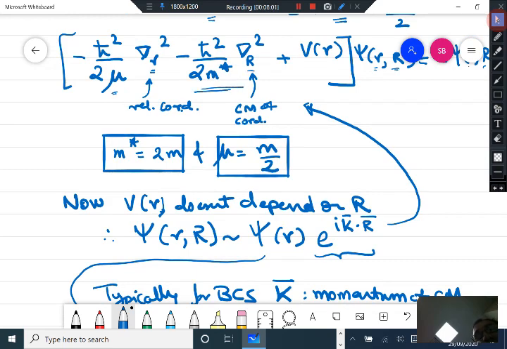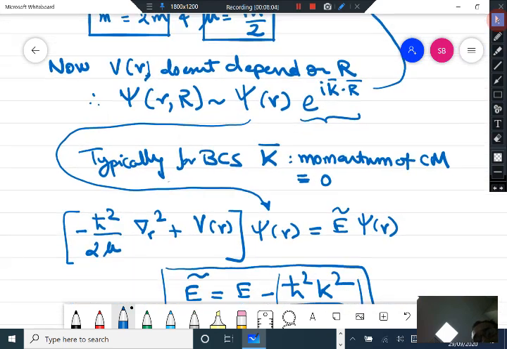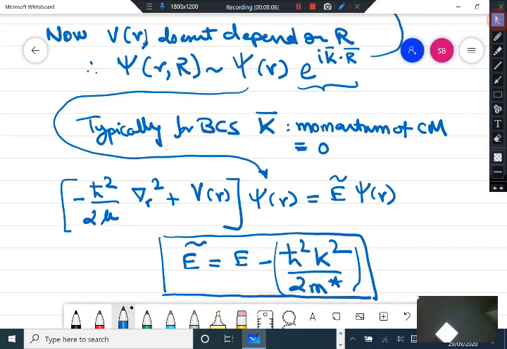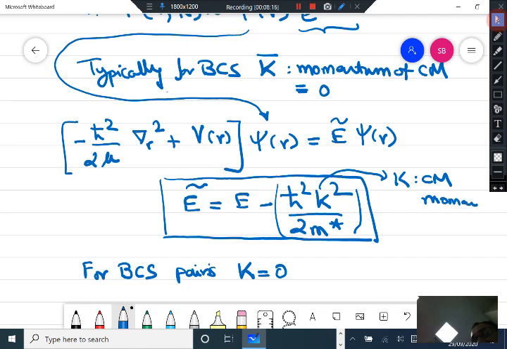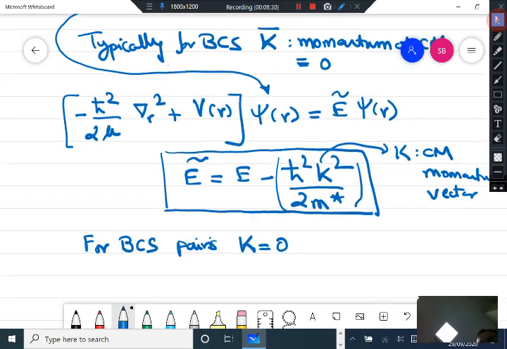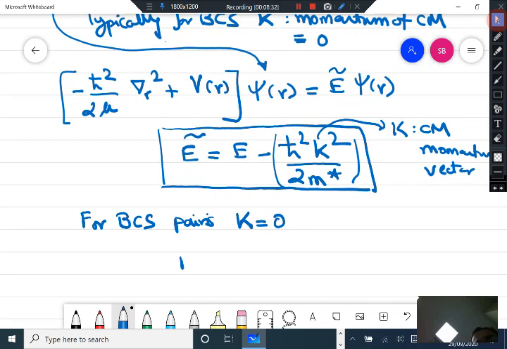It is from this expression that you get h cross square K square by 2m star, which you take to the other side and get this form of the expression. So capital K is your center of mass momentum vector, and in general E tilde is E minus h cross square K square by 2m star. m star is the total mass, and for BCS, K is equal to 0.